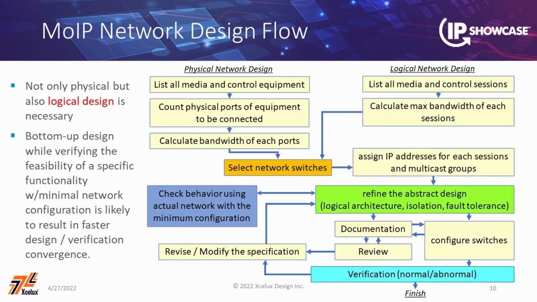And this is one sample of the network design flow. This assumes that system design is completed, and after that we design the network. First, list all media and control equipment, and count ports and sessions to select network switches.